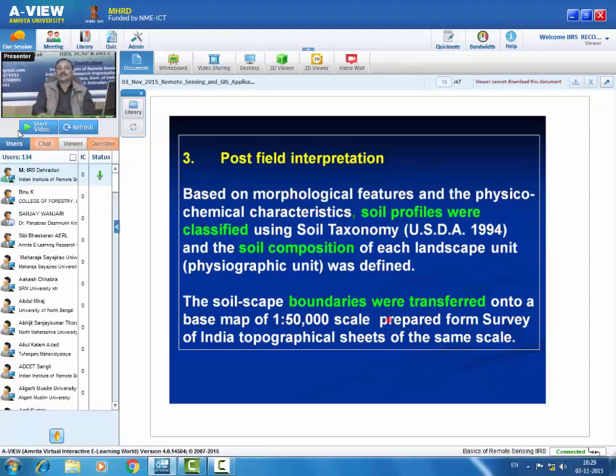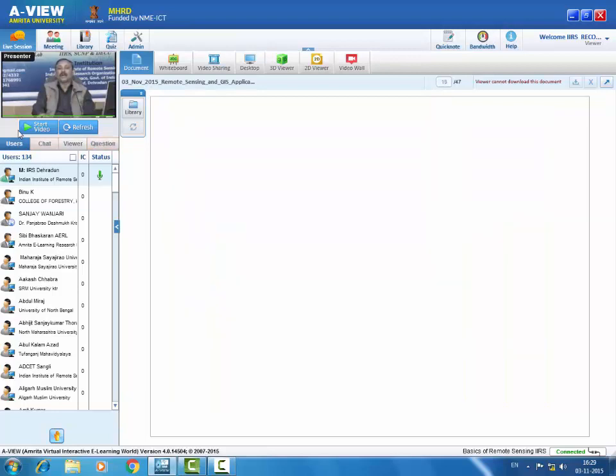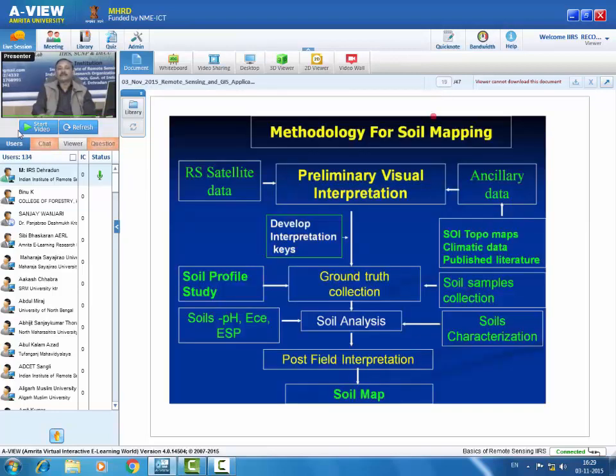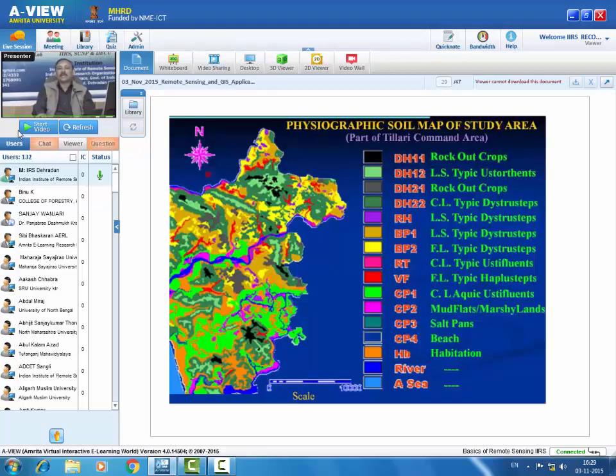So again you prepare and make it final, and after final, you can say the soil resource mapping is composed of these steps: preliminary visual interpretation, then you do the ground truth in those units, take the soil profile, soil sample, then you do the analysis, then you do post field interpretation and prepare the soil map.